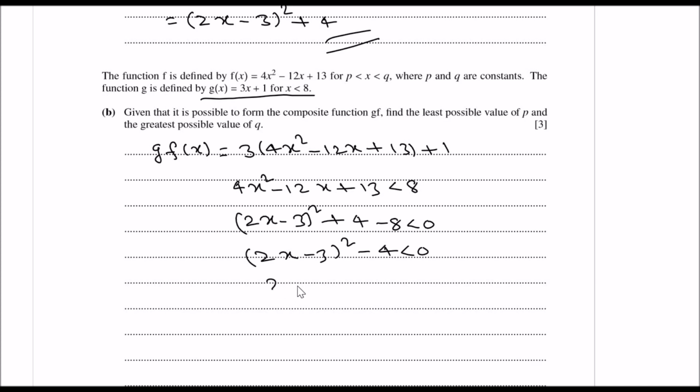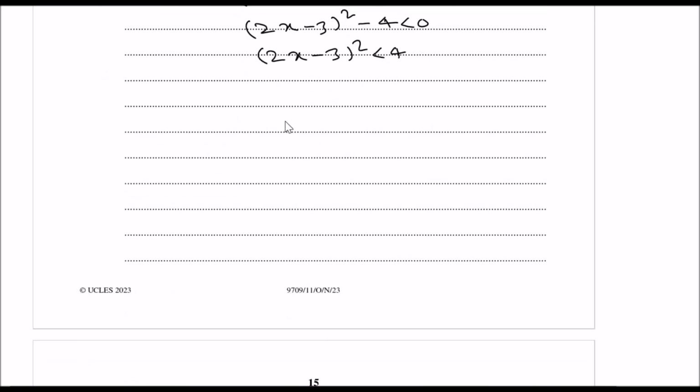We can write (2x − 3)² less than 4. Now let's find the critical values to solve this inequality. So we can write it as the equation (2x − 3)² = 4. To find the critical values, we are writing it as an equation. Okay, so 2x − 3 = ±2, because once you take a square root, we get plus minus 2.